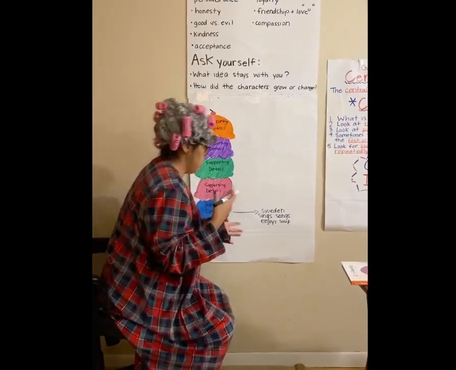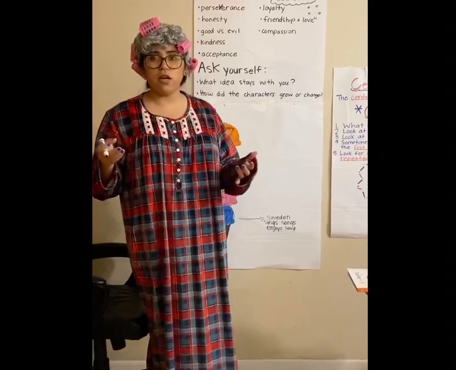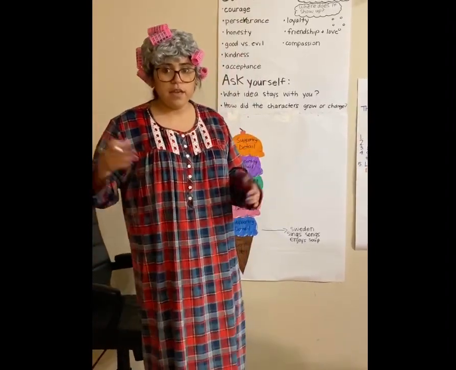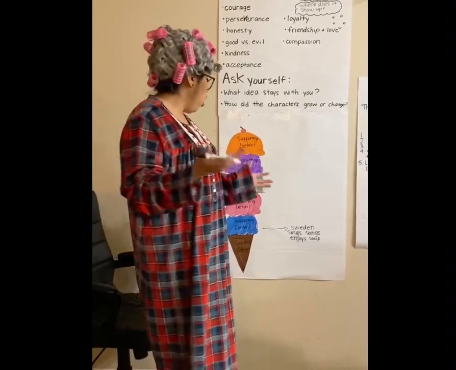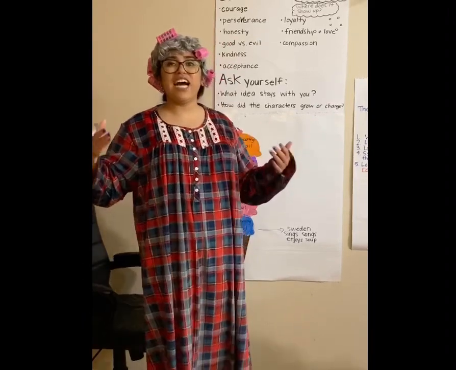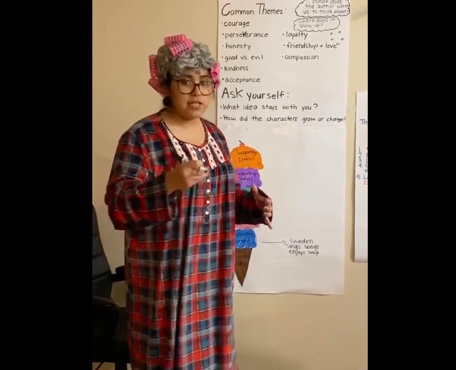Okay, that's a supporting detail because it does not talk about Sweden the entire time. It talks about other places, right? Okay, let's talk about the next one. Austin, Texas. I think that's a supporting detail because it does not talk about Austin, Texas the entire time, right?